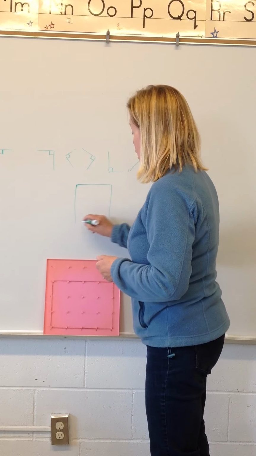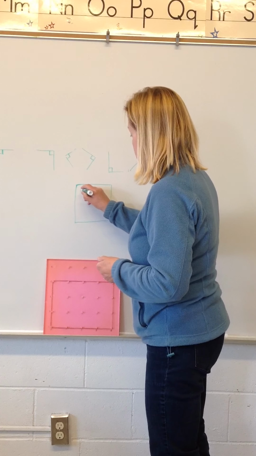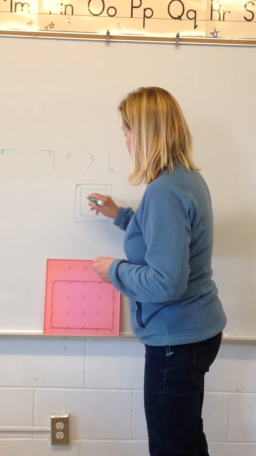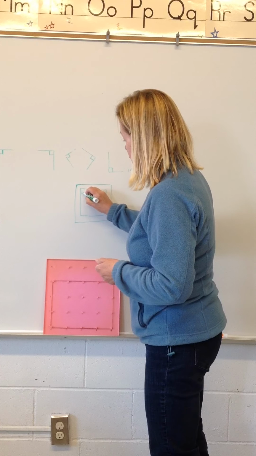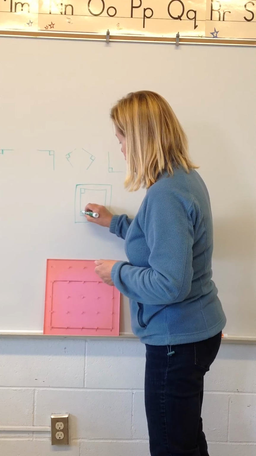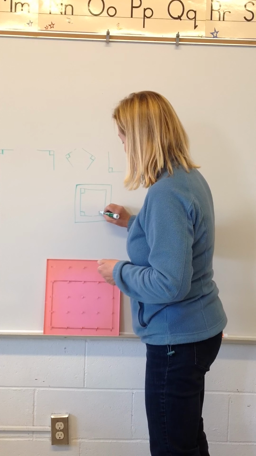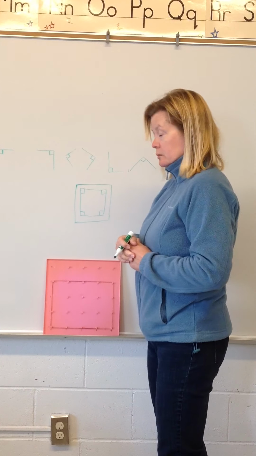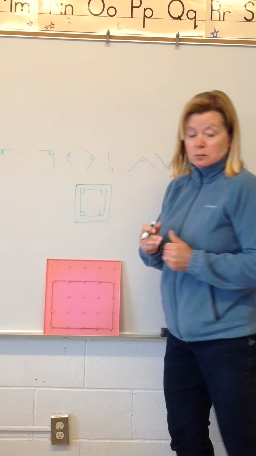I'm not drawing all the dots though. So there's my geoboard, here's my square, and then inside my square I'm going to put 4 of those right angle symbols. And that's what you need to do with that first one. I'll give you a moment to do that.